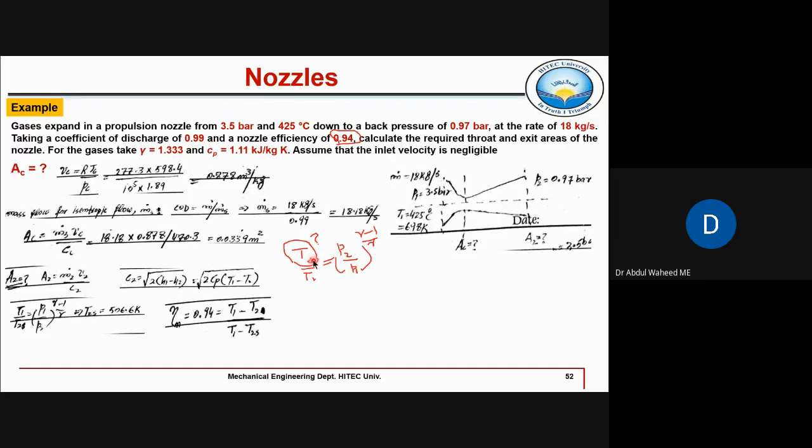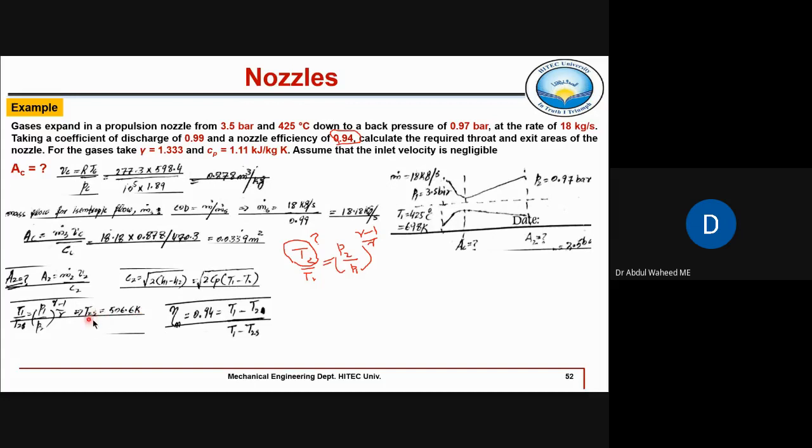So first we will calculate T2s, and then we will put this T2s in to find the unknown T2, the actual temperature at the exit, because T1 and the efficiency 0.94 are given. The pressure ratio P2 over P1 is the same, but the temperature will be different if it is isentropic. So T2s comes out as 506.6 Kelvin.